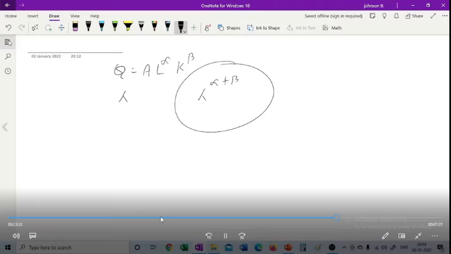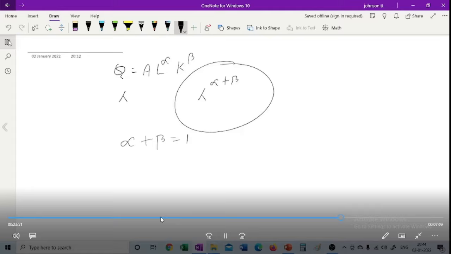Then again, the Cobb-Douglas production function is linearly homogeneous. Why? Because in the Cobb-Douglas production function, the value of alpha plus beta will always be equal to 1.